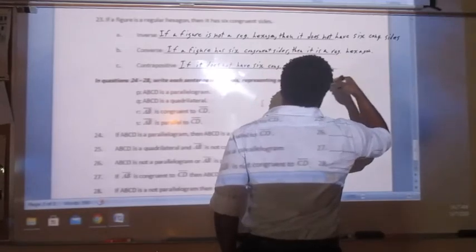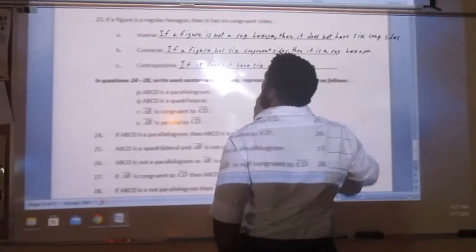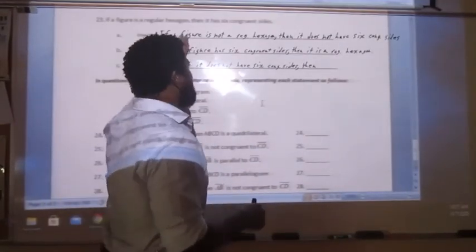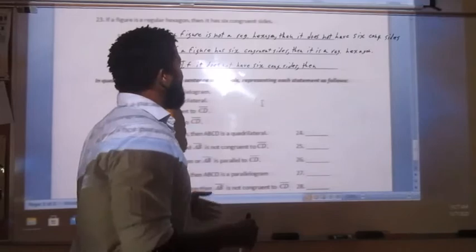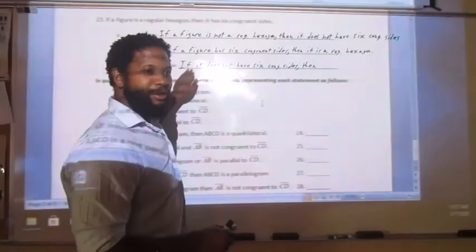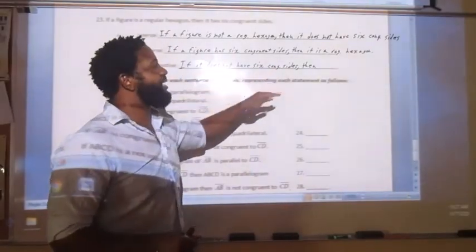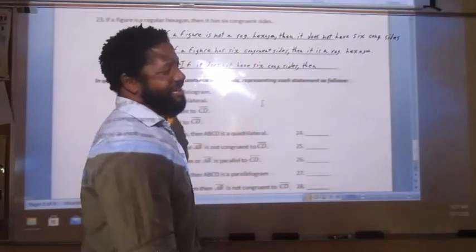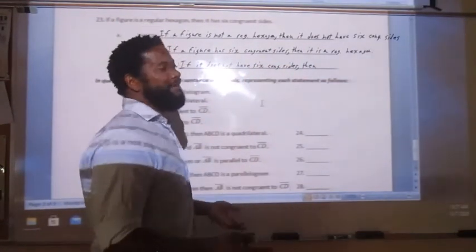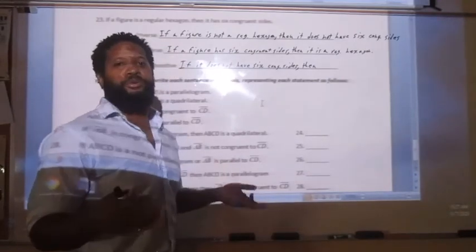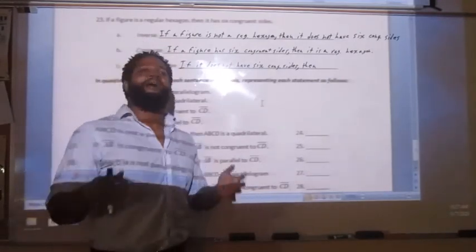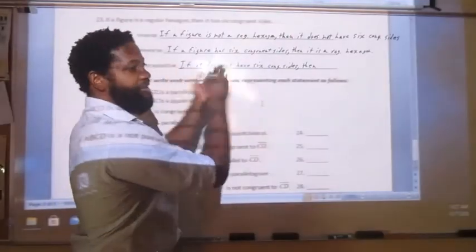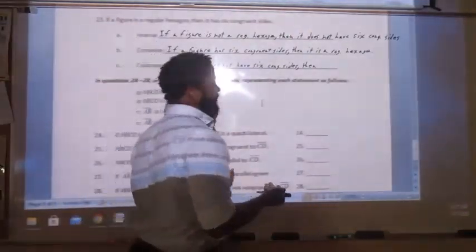Since we pretty much started with figure, I should have started with figure for this. So if a figure does not have 6 congruent sides, then it is not a regular hexagon. Would we still have to put figure? Not necessarily, it's a little bit of a preference thing. As long as you're flipping your Q and P.